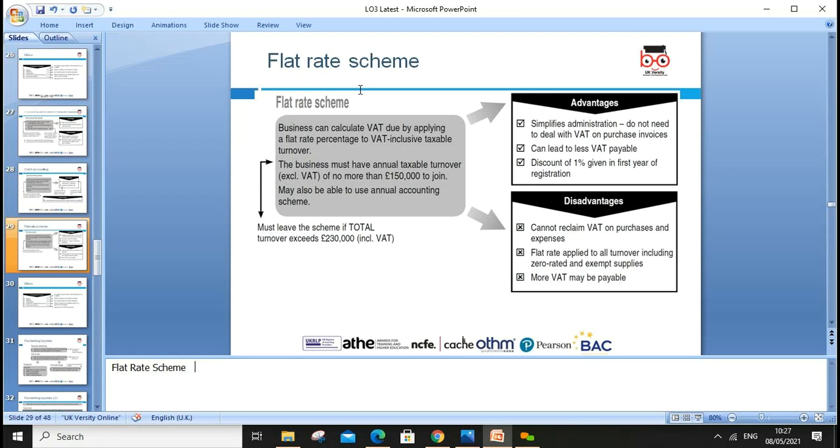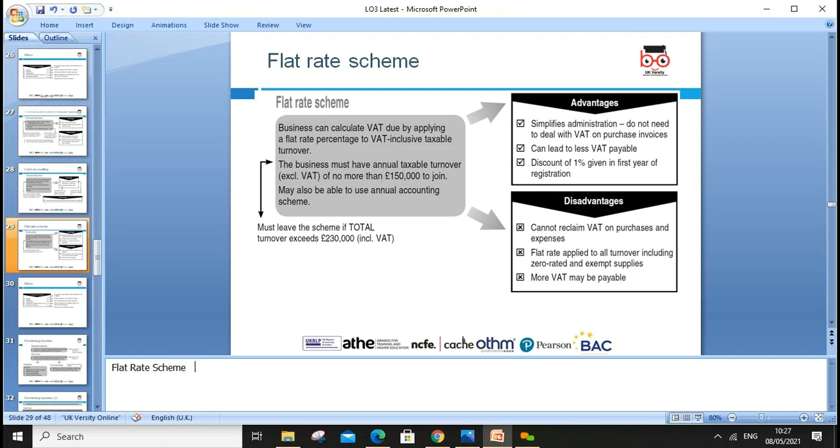So the business will collect 20%, but they will pay a certain percentage to HMRC, not 20% back to HMRC. It depends on the business. So you have to look at the business profile, what type of supplies: zero rated, reduced rated, exempt supply, then you can guide whether the flat rate is best, because with the flat rate you don't have to keep records of input; whatever your output, you have to pay the flat rate on that.